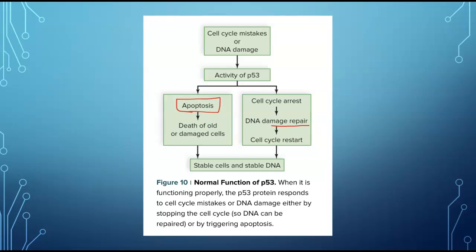That's not what we want to do when we're making copies of ourselves. So hopefully all of our P53 genes are on, they're active, functional, working, and they can block mistakes and prevent these things from happening. But we don't know that until we start looking at our family tree.